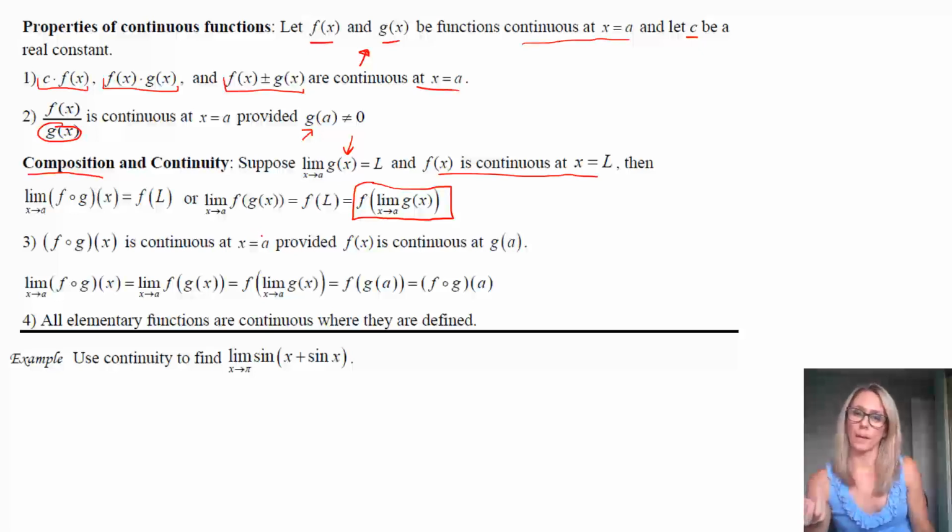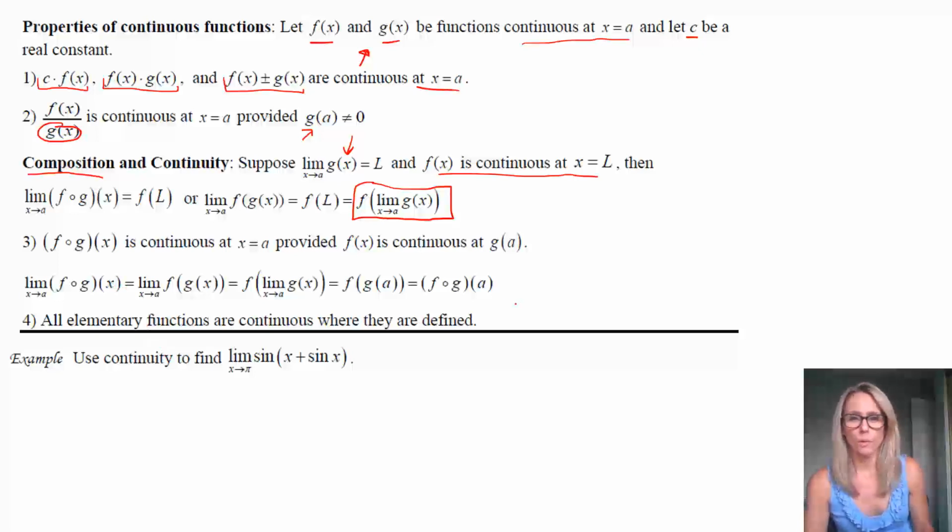So you can bring this limit in and then evaluate there. And then that can be helpful sometimes. So that's a lot of what the composition and continuity talks about. I say it in a few different ways, but it's all very similar notation.